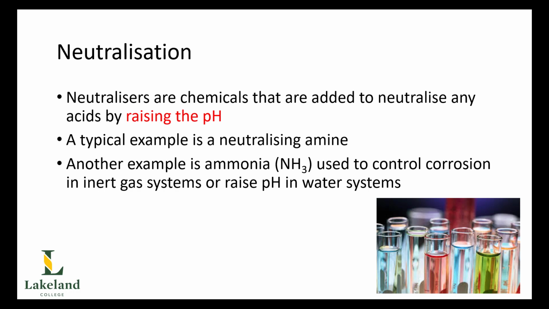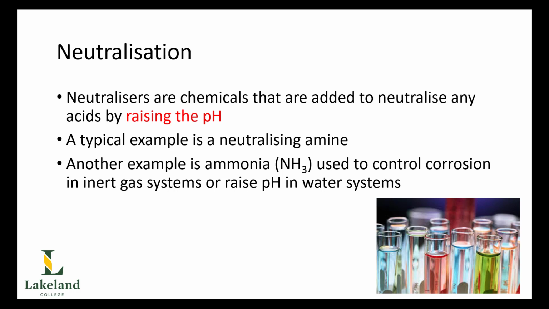Now the next one here is neutralisation, and this one I know you're familiar with because we can see neutralising amines, and these amines are simply going to raise the pH of our condensate, and this is going to prevent acid attack from carbonic acid in the condensate system. So a neutralising amine simply raises the pH, typically between 8 and 9, and that's then going to stop the acid attack caused by a low pH.